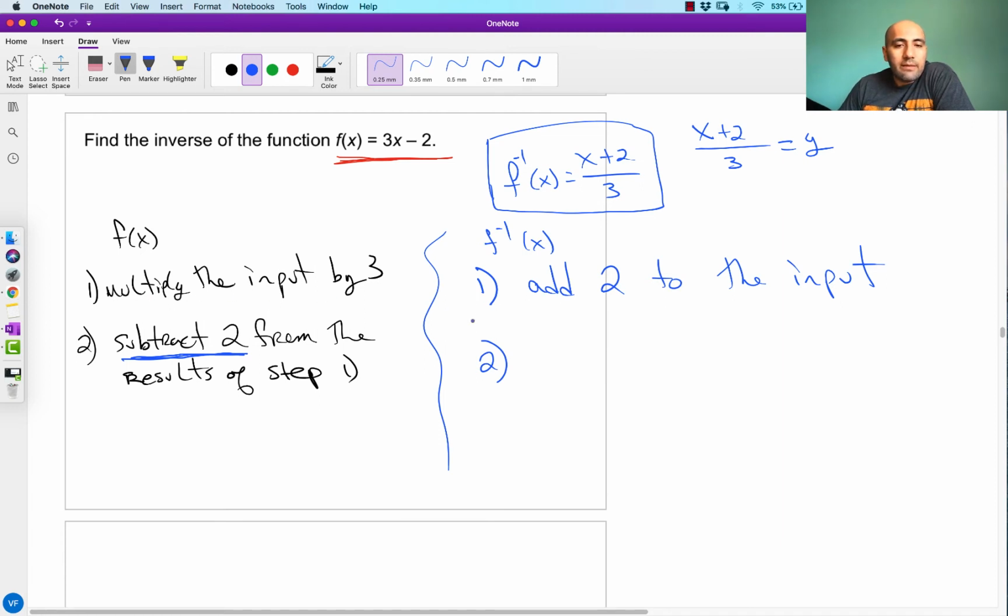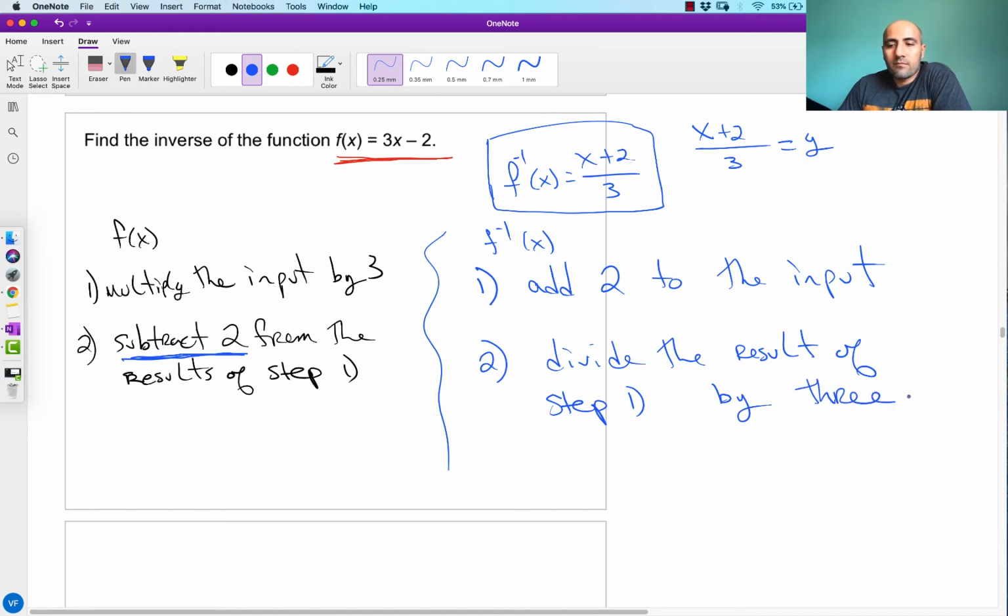The opposite of multiplying by 3 is to divide by 3. Divide the results of step 1 by 3. Right? That's the opposite of this. So this will undo that, and this will undo that.